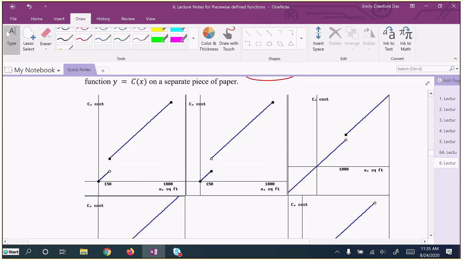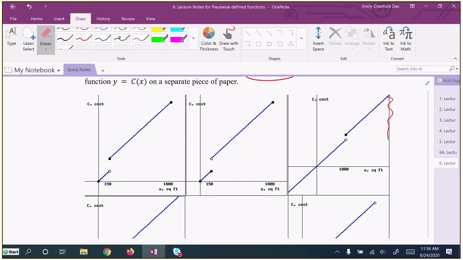I see that some of the pictures stop at 1,000 and some of the pictures don't, like this one doesn't. So we definitely want to stop at 1,000 because our domain stops at 1,000. I also see that some of the pictures include the closed dot with the lower line, and some of them include the closed dot with the upper line. So which one should be right?